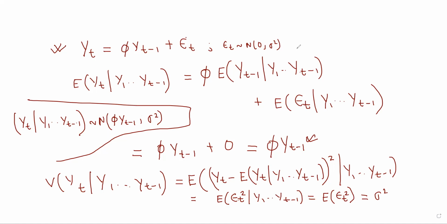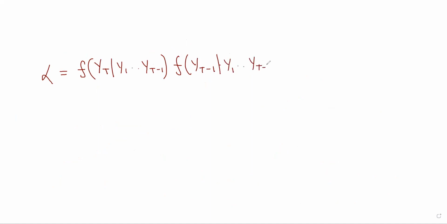Let's see what to do. Now you know what your likelihood function was. It was f of yt given y1 to t minus 1, into f of yt minus 1 given y1 to t minus 2, and so on.